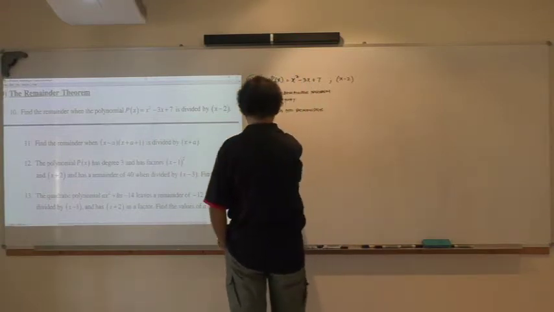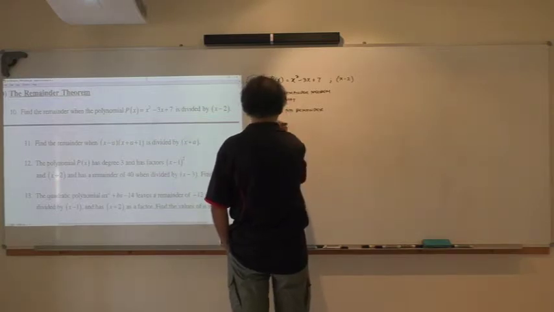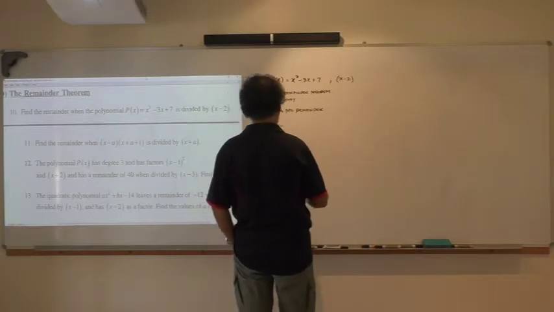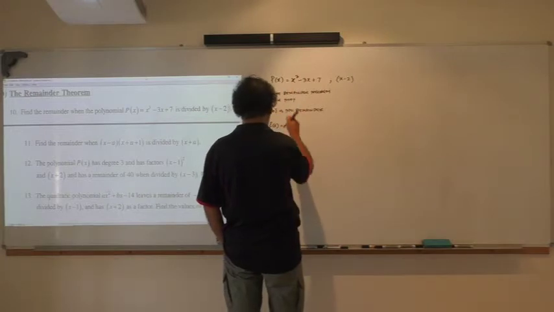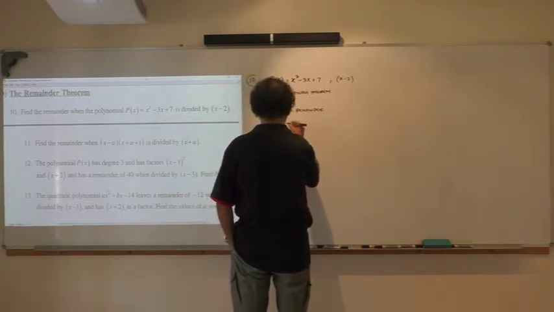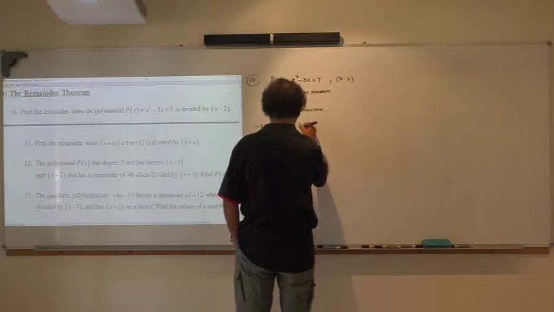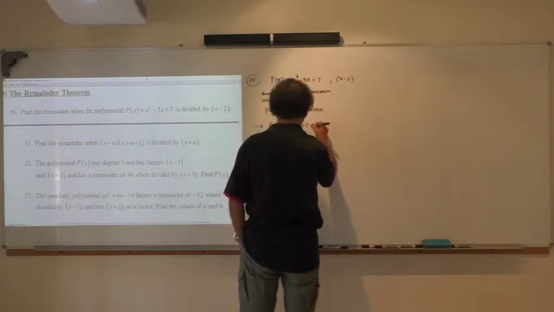So let's find what the remainder is. We're going to evaluate this polynomial when x equals 2. That will give you 2 cubed minus 3 times 2, and then plus 7.